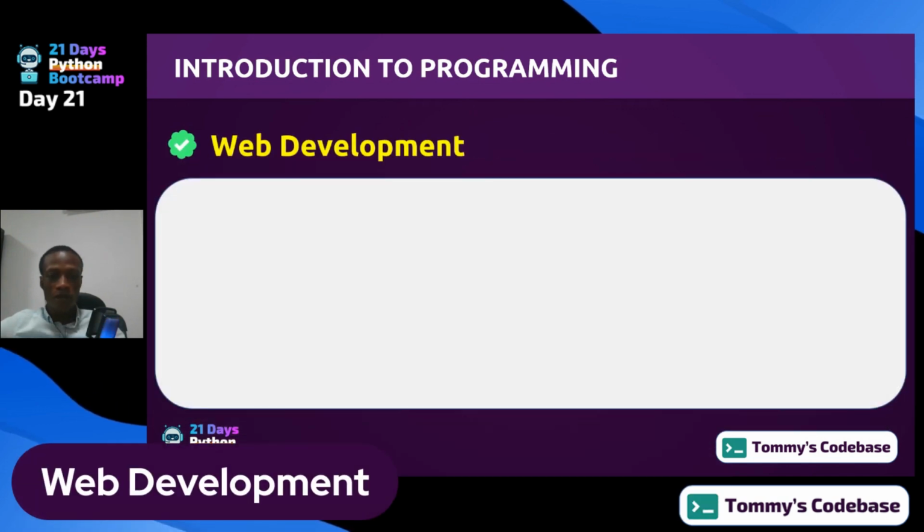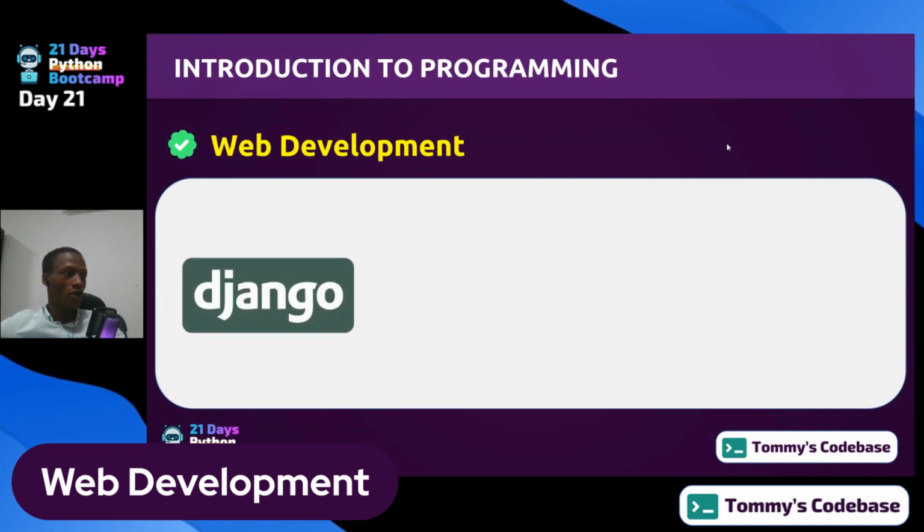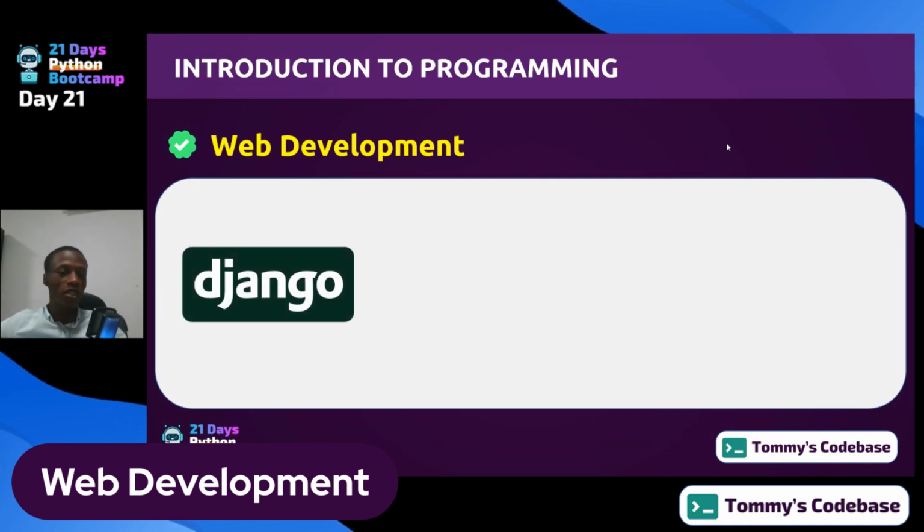There is also the field of web development. So if you want to build websites or web apps with Python, there is also that option for you. Python allows you to do that. And for that, the most popular ones you can explore: Django, which is a full stack web framework for building robust web applications.